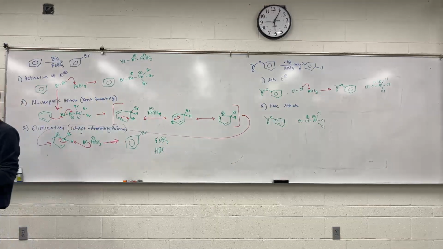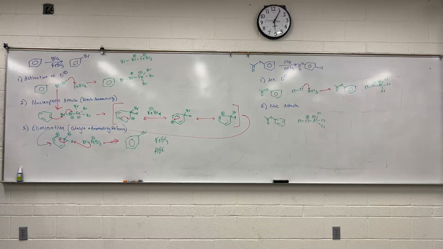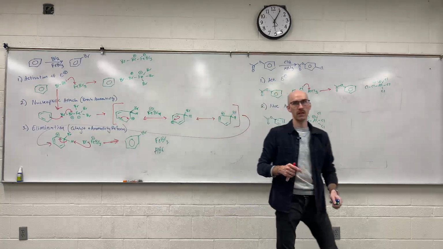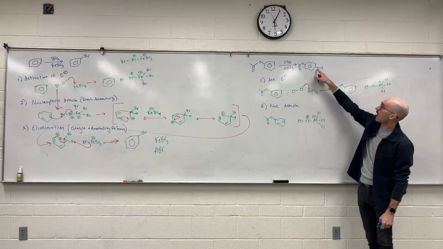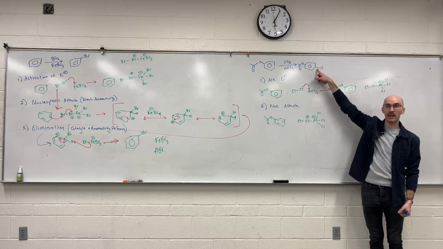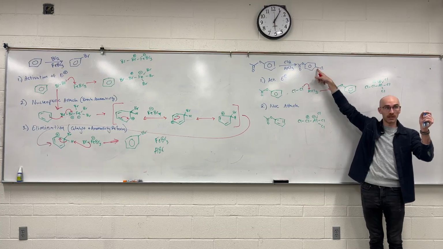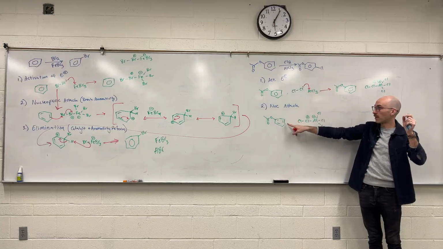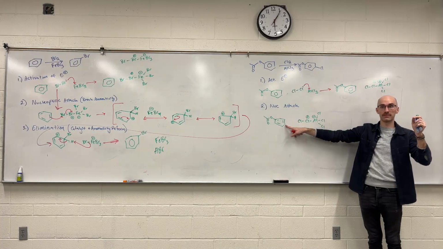Does it matter which of my pi bonds is used in the nucleophilic attack? Yes. Because I want my chlorine to end up at a specific carbon, so I need to use electrons from that specific carbon.